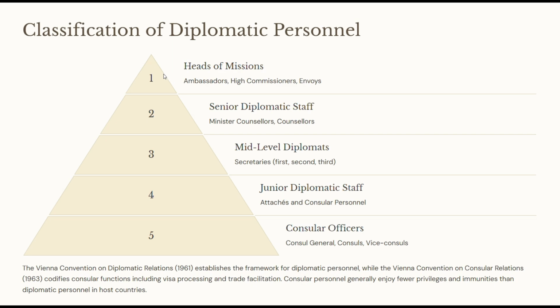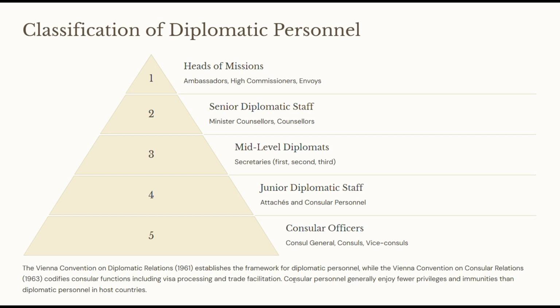The Vienna Convention on Diplomatic Relations 1961 establishes a framework for diplomatic personnel, while the Vienna Convention on Consular Relations 1963 codified consular functions, including visa processing and trade facilitation.